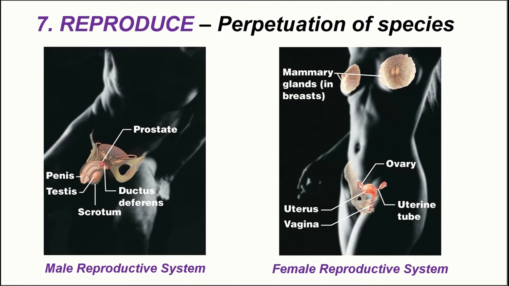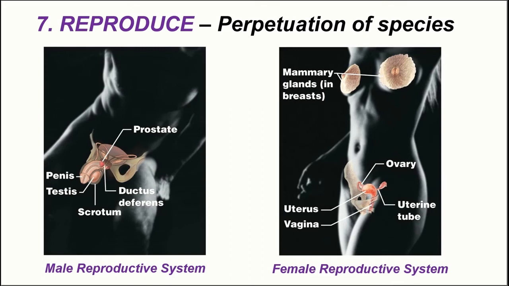This is also an ANP2 topic, but we'll learn about male and female reproductive anatomy and how reproduction works in ANP2. But we need the reproductive systems to perpetuate the human species and create a new generation.